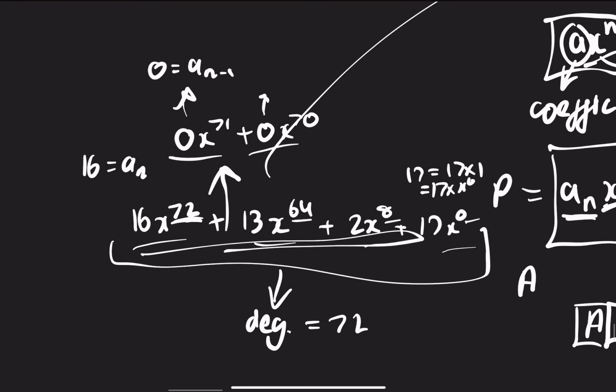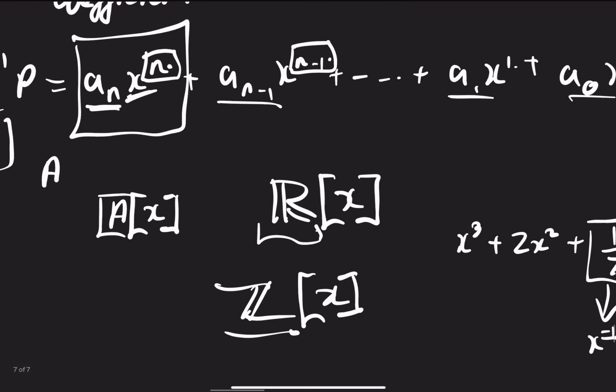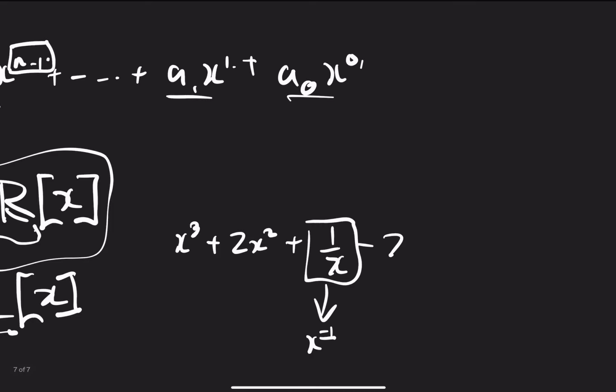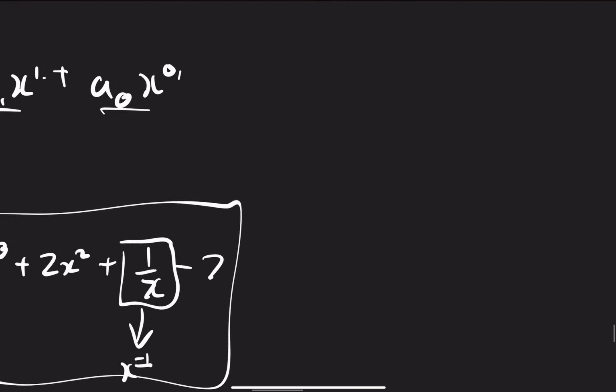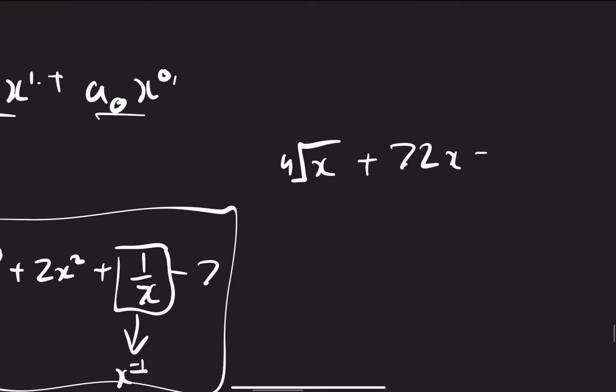So we've covered the degree of the polynomial, the general formula for a polynomial, some notation, or some ways of expressing stuff like this, and we've covered what's not a polynomial, like the fourth root of x plus 72x plus 2.